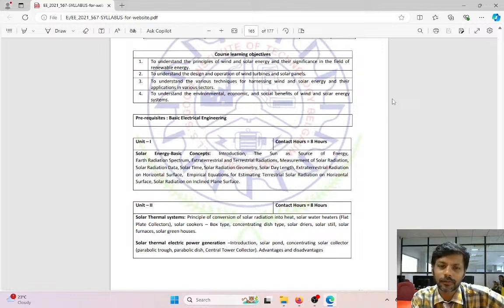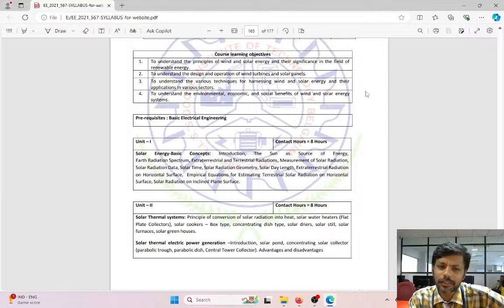The last objective is to understand the environmental, economic and social benefits of renewables, and mainly 90% of renewable energy is harnessed from solar and wind only. So this subject is dedicated only to solar and wind.